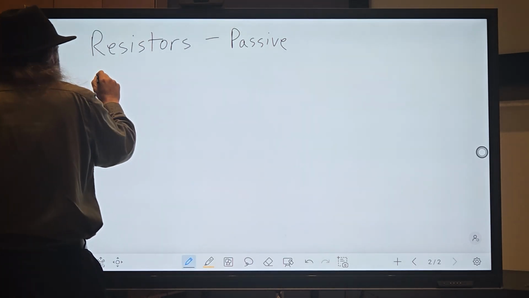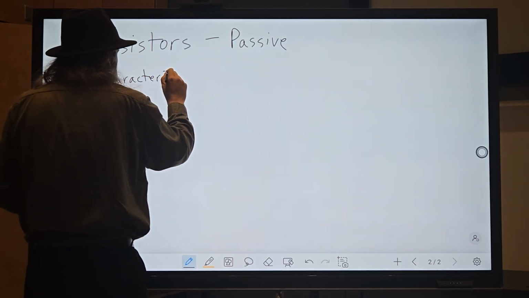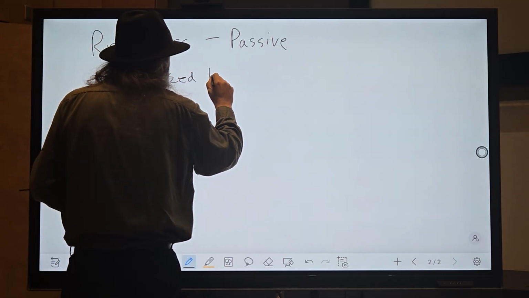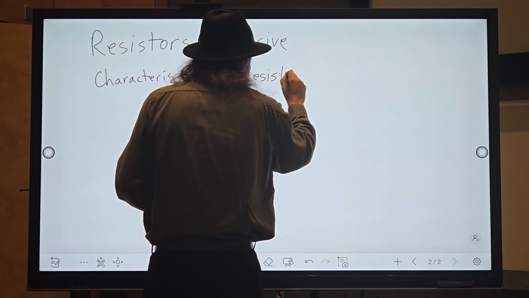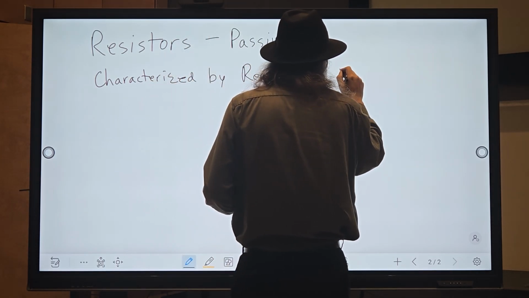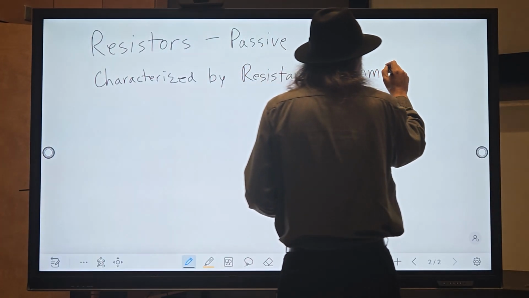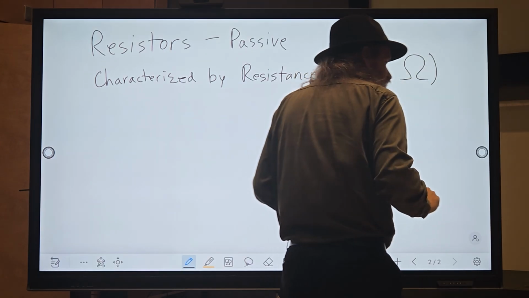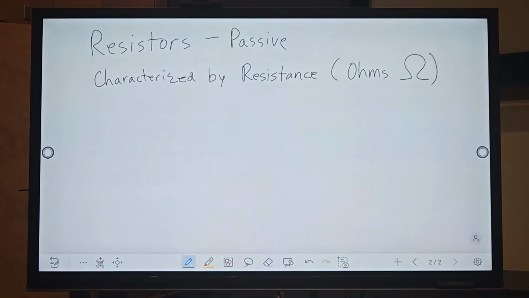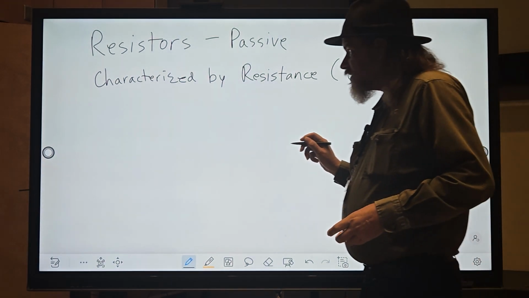They are characterized by their resistance, which is in ohms. The symbol is the uppercase omega Greek letter. They resist the flow of current.